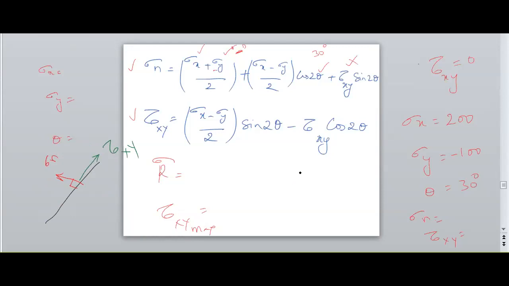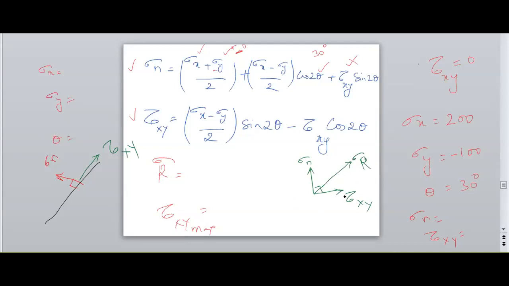These are both perpendicular to each other. Now I need the resultant stress.